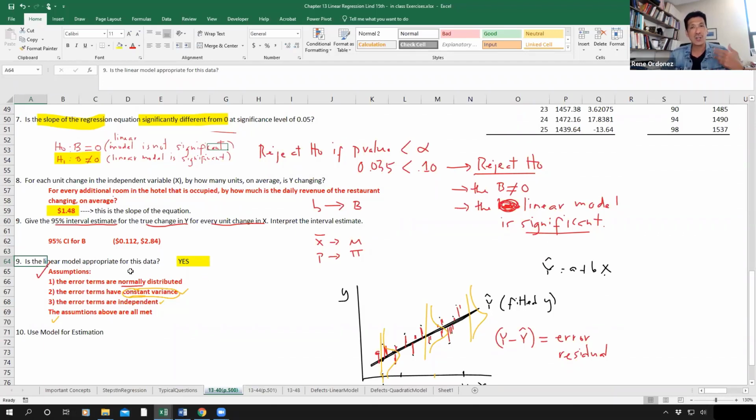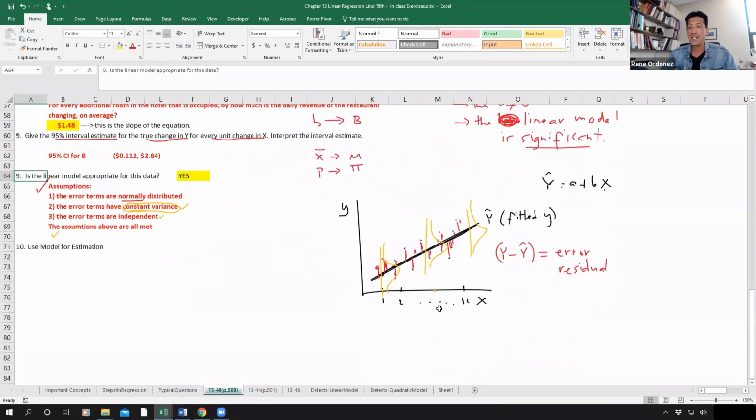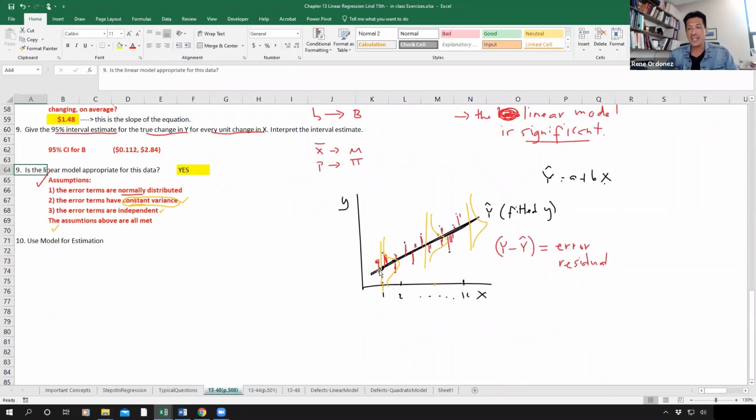To answer that question, we do what is known as analysis of residuals, which is basically looking at the residuals, the difference between the fitted value, whatever the y hat is for a given x, and how far that is from the actual observed y.